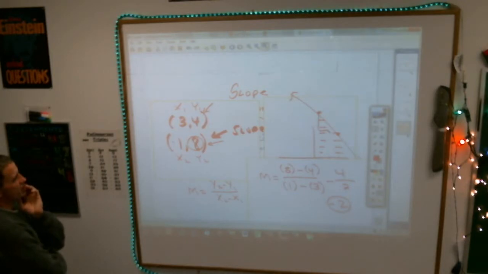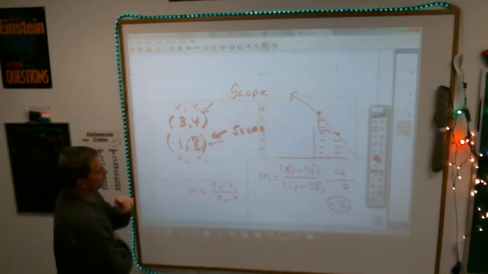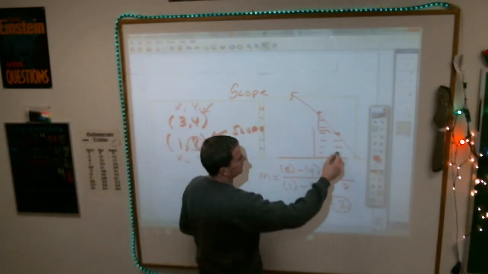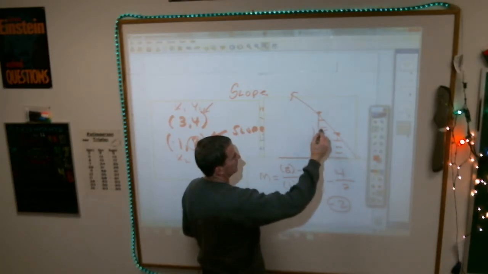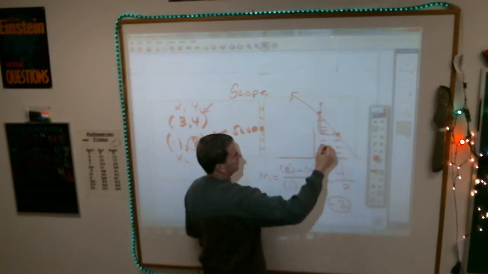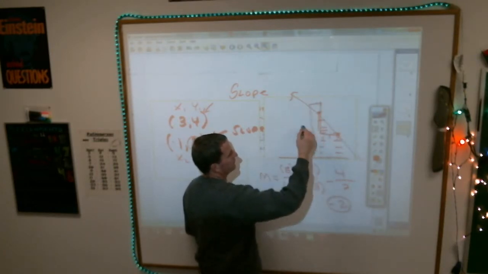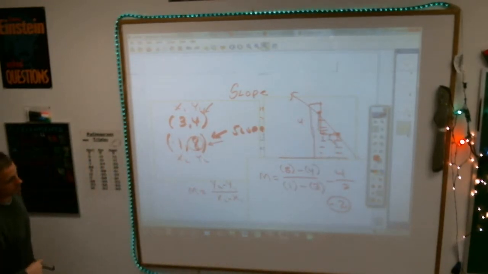Well, let me graph the line for real just to make sure it's right. Oh, 8 should have been way up here. So my triangle is going to be 2 high over 4. If you did it, it would be 4 over 2, and it's going downhill, so it's a negative 2 slope.